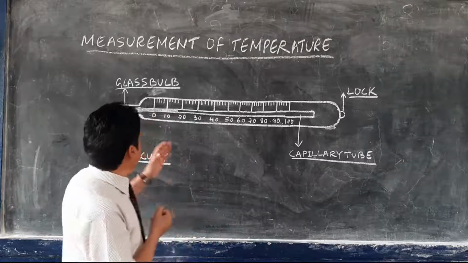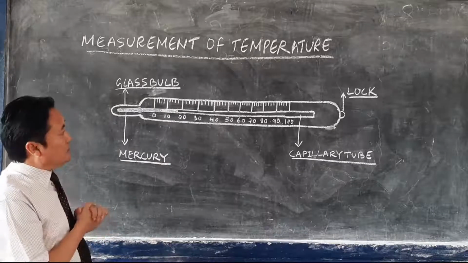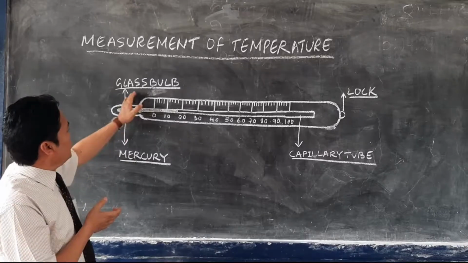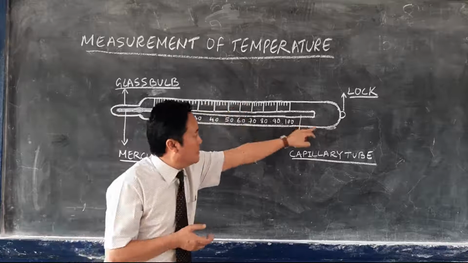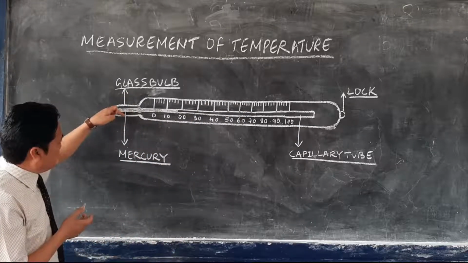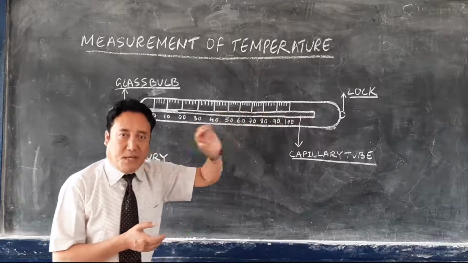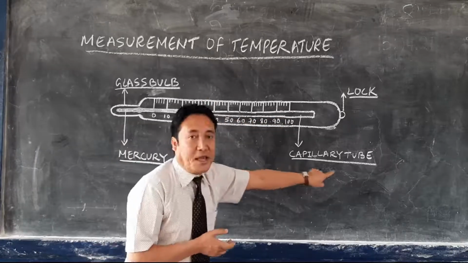Now this is the diagram of a thermometer. This thermometer comprises a glass bulb. The glass bulb is the outermost portion, the outer part. Inside there is a very thin tube, which is made of glass, and this tube is known as the capillary tube.